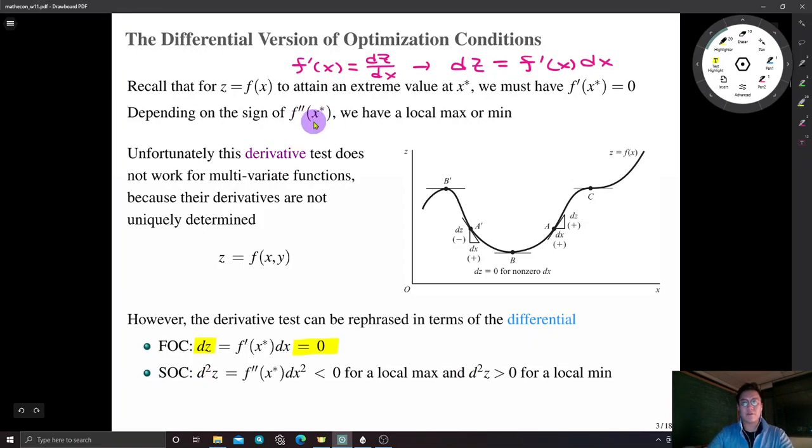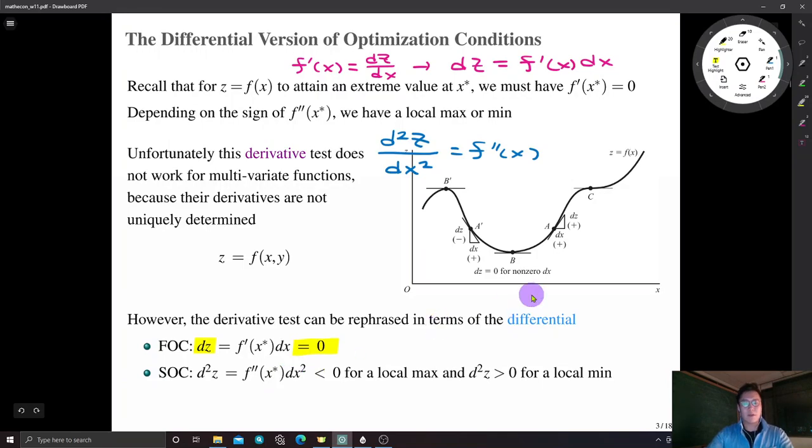And if you think about the second derivative, the second derivative was written as d squared z, the second order total differential, divided by dx squared. That is f double prime, the derivative of the derivative. Okay, so we can write the second differential d squared z as the second derivative times dx squared.